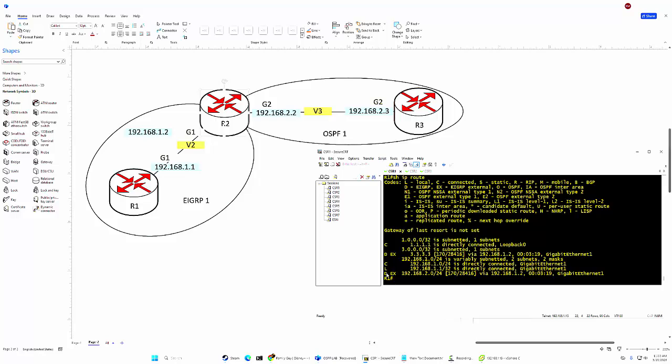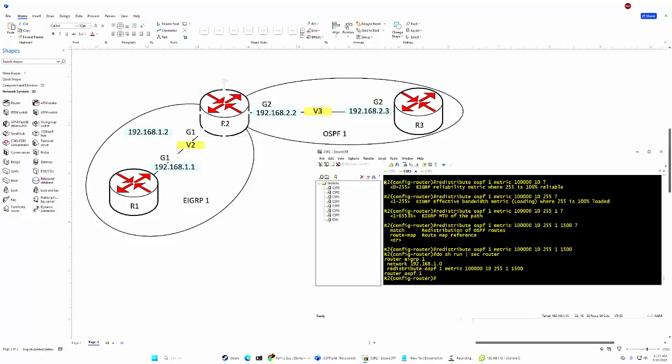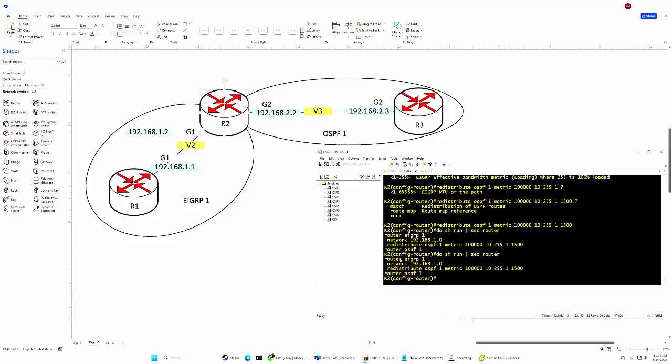I was not expecting that, because on router 2 we redistribute OSPF. That's interesting, because from what I remember, it's only the OSPF routes in the routing table and not the connected interfaces.